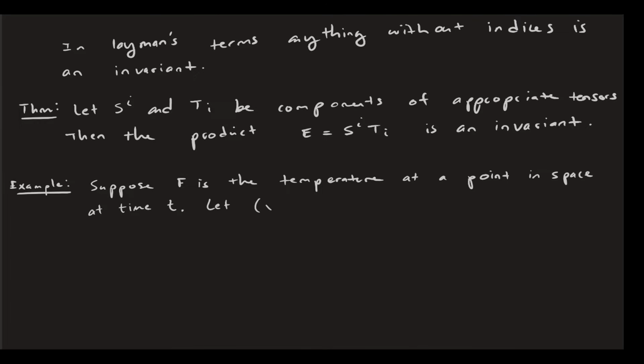Let x^1, x^2, x^3 denote the coordinates of a position in space at time t.